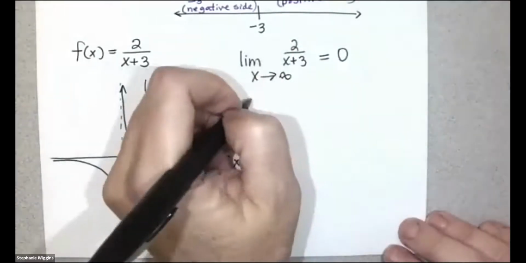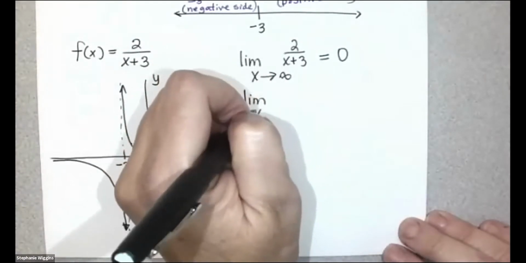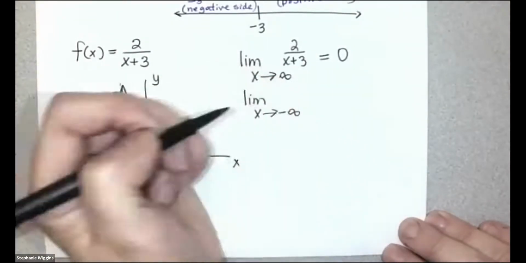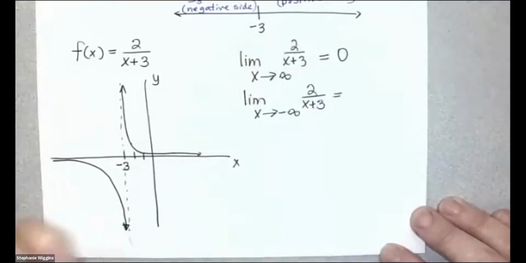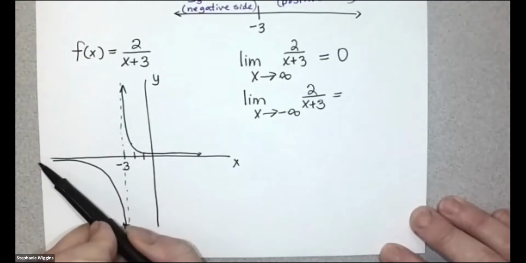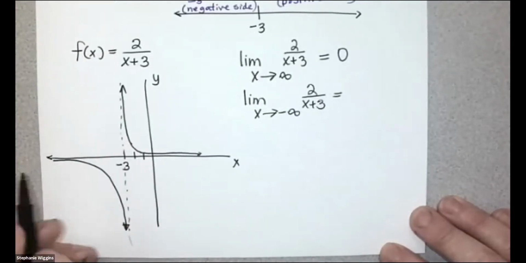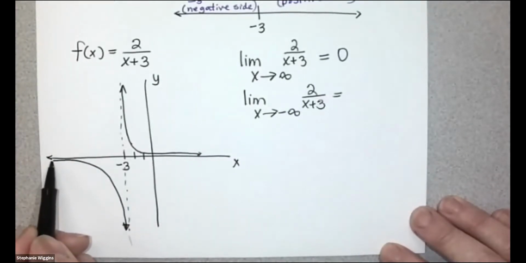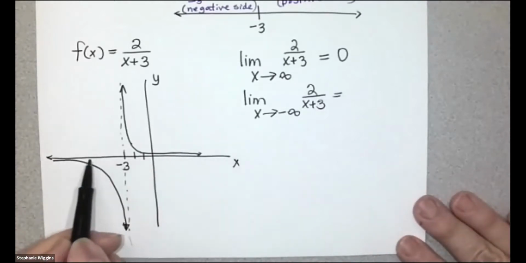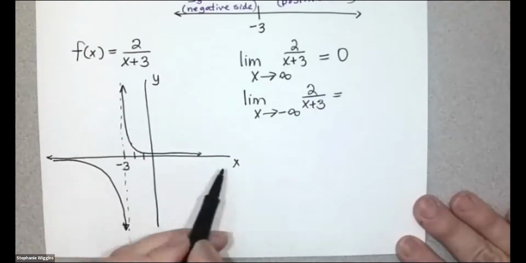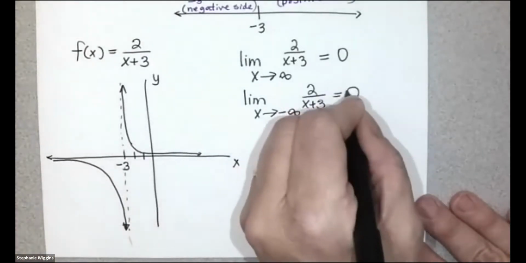And similarly, if x is approaching -infinity of our function, 2 over x plus 3, we're going off this way. It gets closer and closer to the x-axis, but never reaches. So the limit is at that level of the x-axis, and the y value on the x-axis is 0.